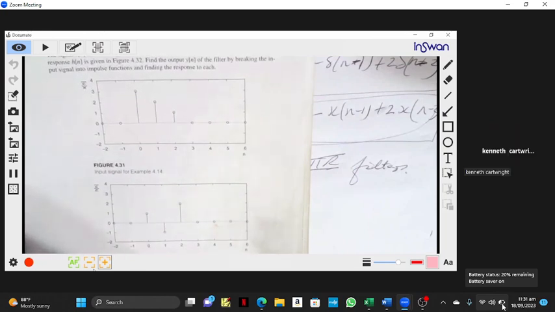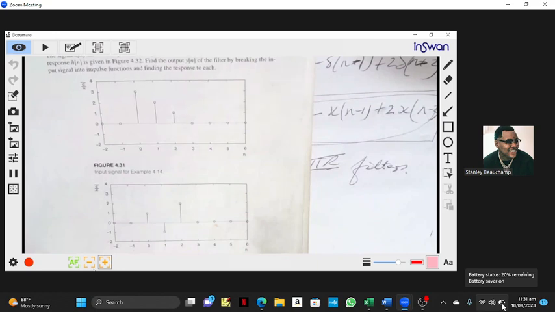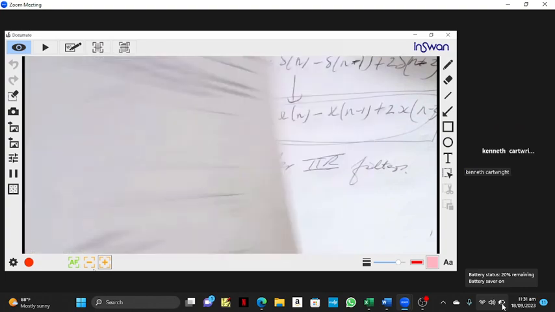We're getting the input values from x of n. X of 0 from this graph is 3. Then x of 1 will be 2. So why did you say 1? Why is your answer 1?